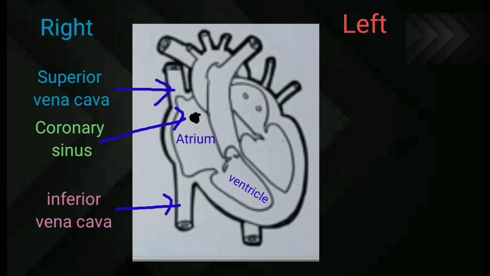The superior vena cava brings blood from the upper half of the body. The inferior vena cava brings blood from the lower part of the body. And the coronary sinus, if you remember from coronary circulation, has the blood from the coronary veins, which has come from the heart muscles.